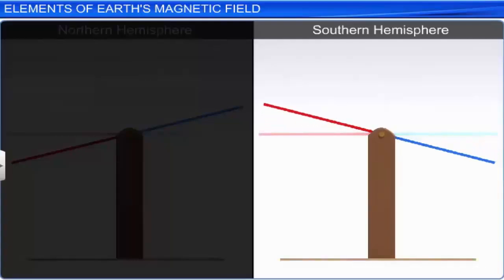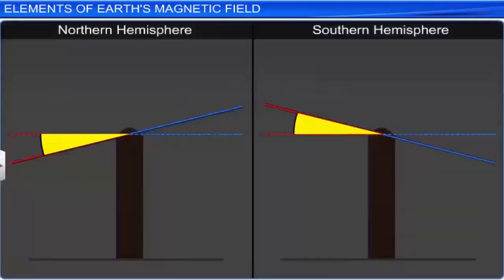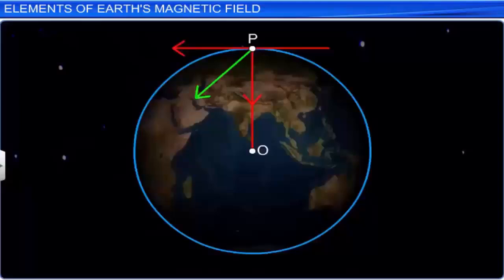The angle through which it dips with respect to the horizontal plane at that point is known as the angle of dip or the inclination, denoted by the capital letter I. In other words, inclination is the angle that the total magnetic field of the Earth, BE, makes with the horizontal surface of the Earth at a given point.